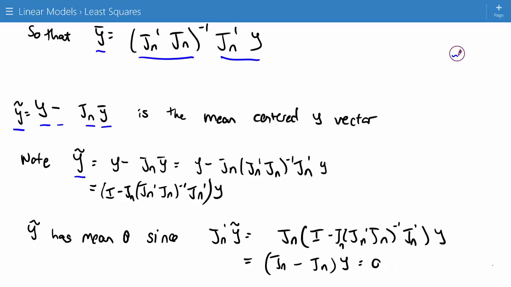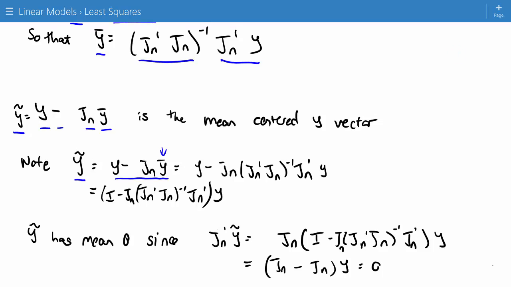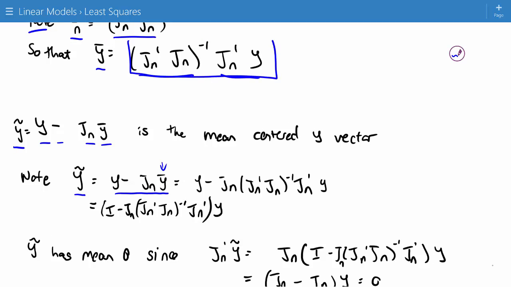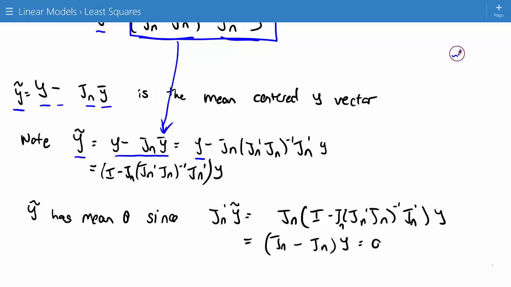I would note that y tilde is exactly y minus Jn y bar, which is equal to, I can plug in for y bar from what I have right here, y minus Jn (Jn transpose Jn) inverse Jn transpose times y. I can then factor this y out to get I minus Jn (Jn transpose Jn) inverse Jn transpose, times y.